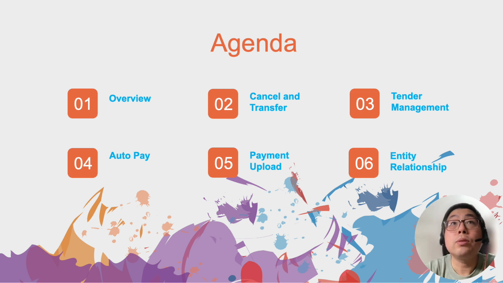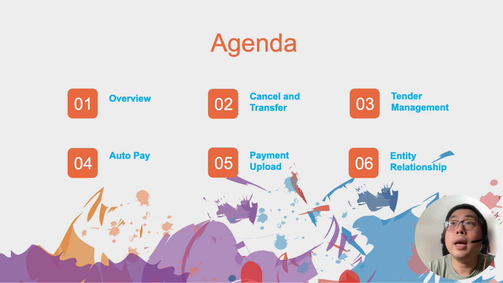Okay, so we go through a few topics today. These are relatively smaller topics, but some of them are still important because they will be a part of your implementation. So we go through the overview and then we look at the cancellation and the transfer of a payment.